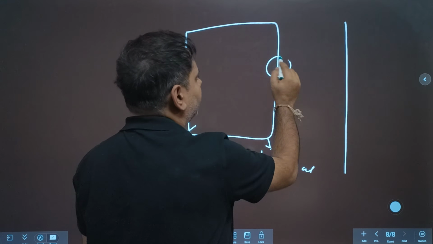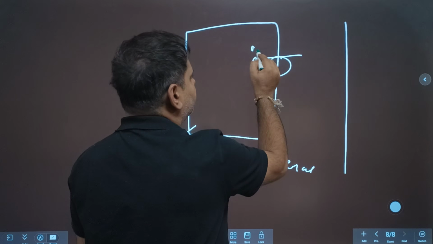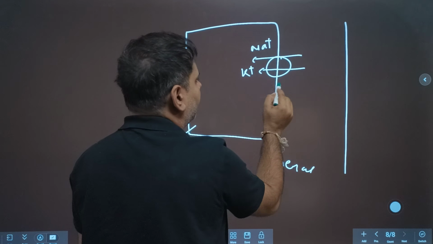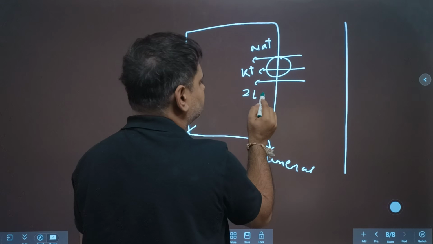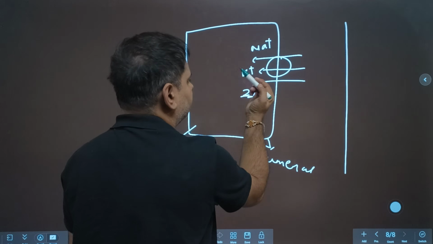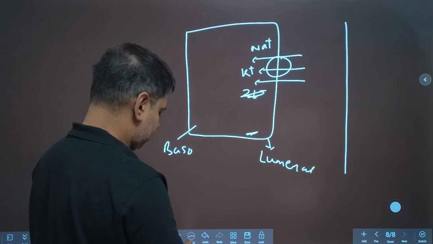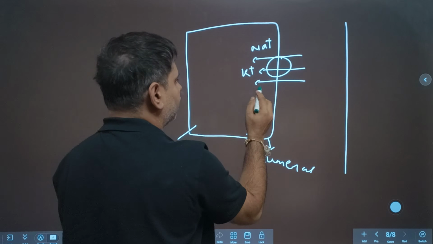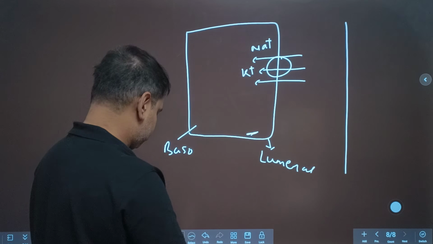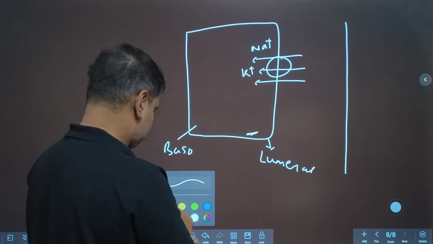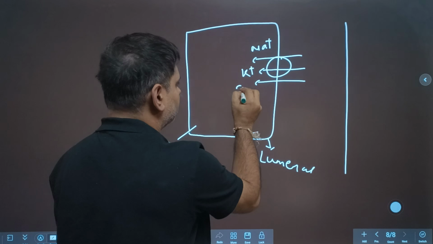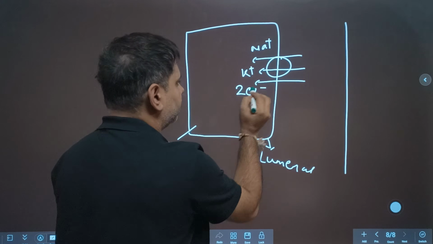So here there are also ion channels: sodium, potassium and 2 chloride.